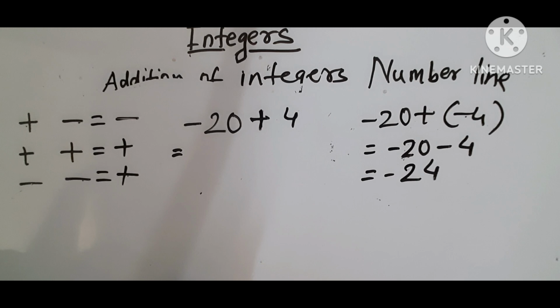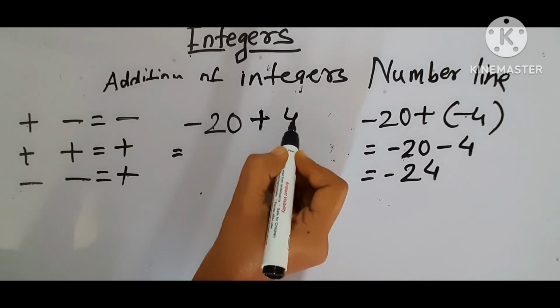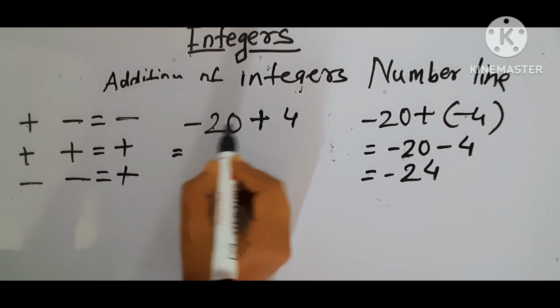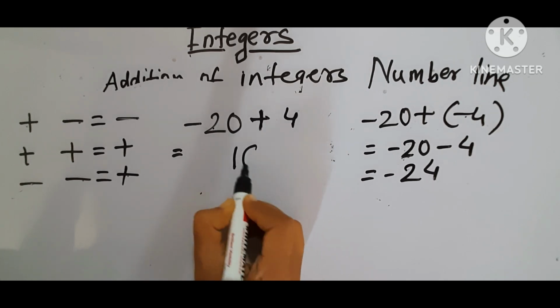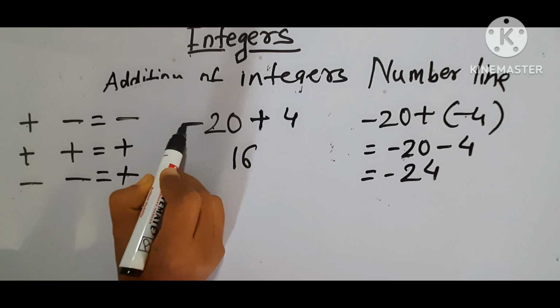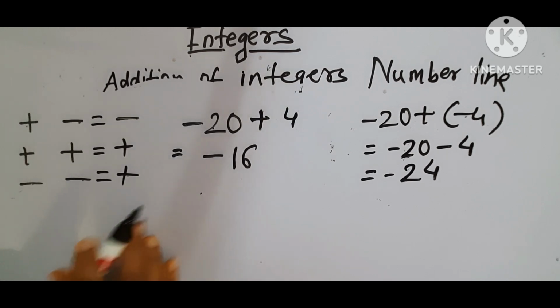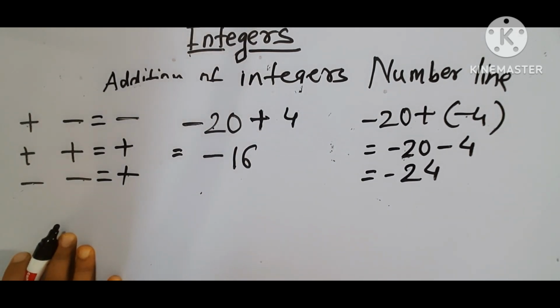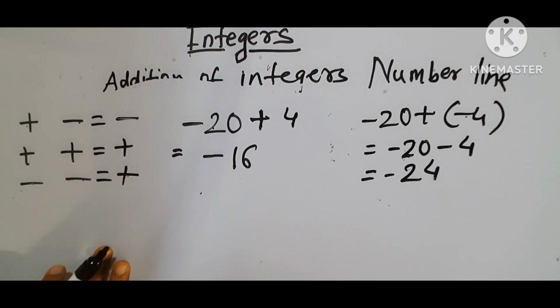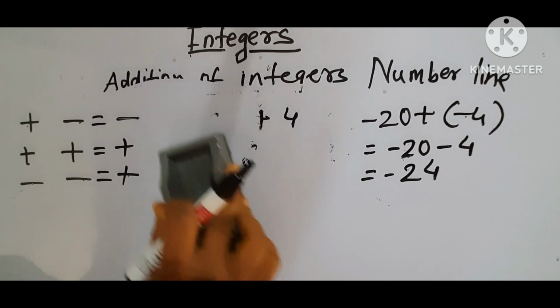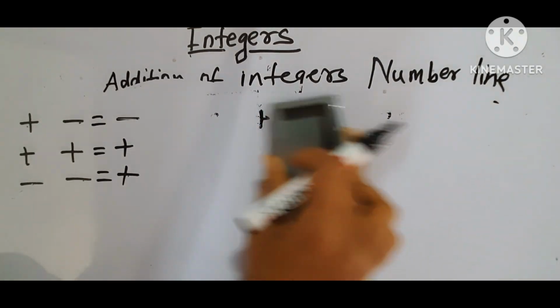What do we do in opposite signs? In opposite signs we do subtraction. Minus 20 plus 4, that is 20 minus 4, that is 16, and we give the sign of the bigger integer, it is minus 16. Okay, I hope this is clear. Okay, let's check one more example to understand it more clearly.